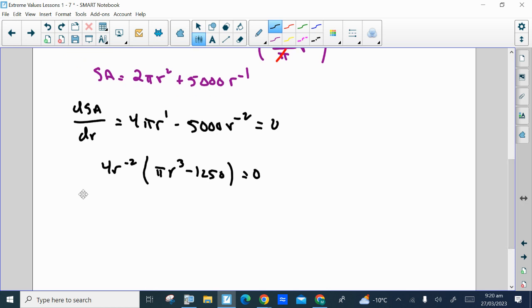So our critical numbers will be when 4r to the negative 2 equals 0, and when pi r cubed minus 1,250 equals 0. The first one will be extraneous. R can't be 0 because then you wouldn't have a cylinder at all.